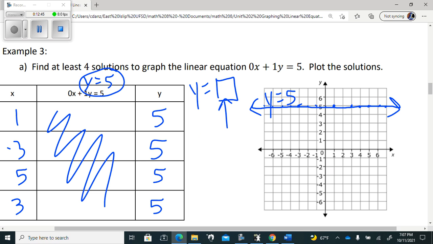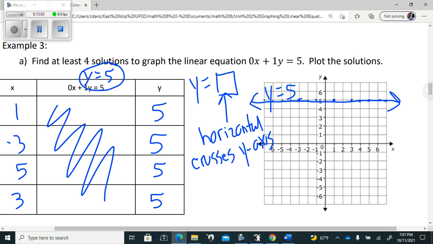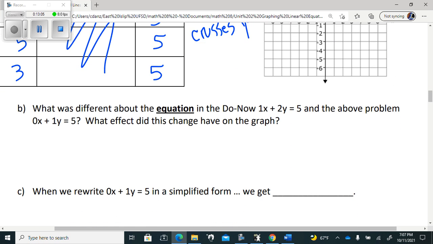This will always be a horizontal line. It will always cross the y-axis at that number. And again, we don't have to do this. And this simplified, we said, was y is 5.